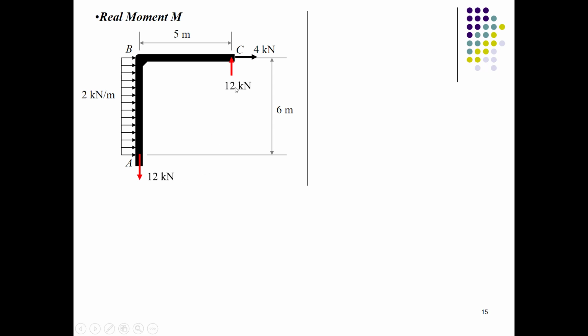How can you calculate the reactions? You take sigma moment at point A equals 0, and sigma F of x equals 0. Then you will come up with these values of reactions. It is simple to take.